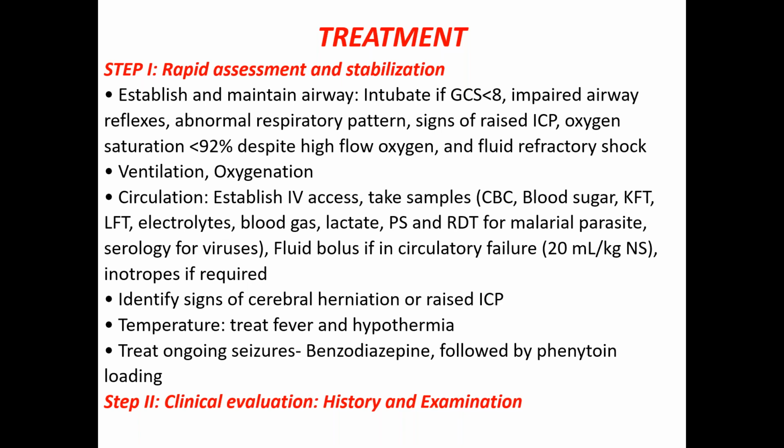And how do we do that? We can do it by fluid resuscitation, but remember these patients have SIADH, so we may not be able to give a lot of fluids. Then we might need to start some inotropes if the patient has vasoplegia, so vasopressors might be needed. Then we obviously take the samples and treat accordingly. If the patient has shock, we follow the Surviving Sepsis guidelines and treat by giving fluid resuscitation, monitoring lactate, taking blood cultures, and so on.